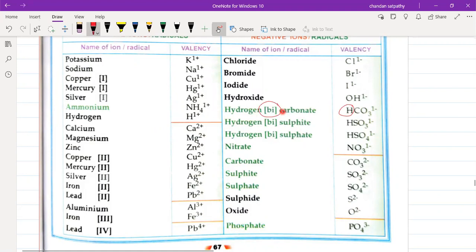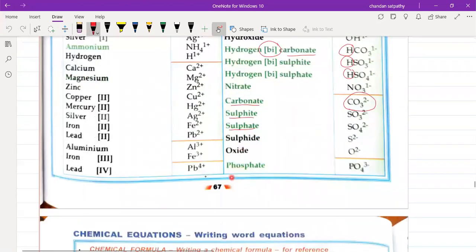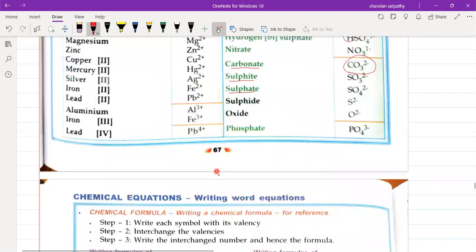Now whenever there is a bi, remember there will be a hydrogen, so H will be there. Understood? When there is only carbonate, we write CO3 2 minus. But when there is bicarbonate, we write HCO3 1 minus. So you have to practice the names as they are, no change. Understand? Very important, students.